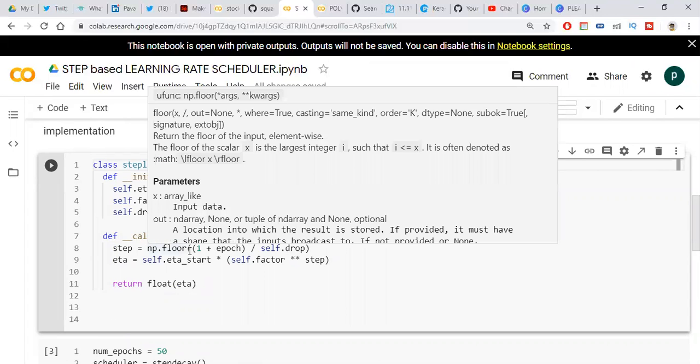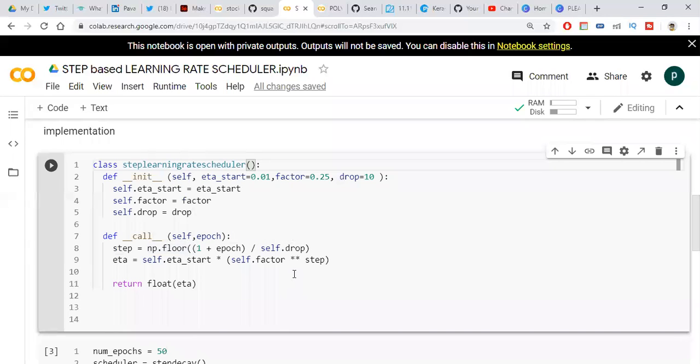You can take np.ceil or np.floor, because np.floor is good for small values of the learning rate. That's why I'm taking np.floor. See, friends, the floor of the scalar is the largest integer not greater than it. This is what you can see.